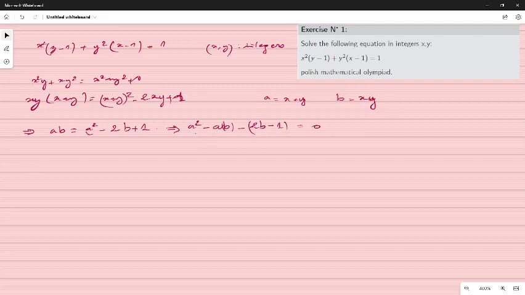The unknown is A. So we use the discriminant delta square equals b square plus 4 multiplied by 2b minus 1, equals b square plus 8b minus 4, which is equal to b plus 4 square minus 20.